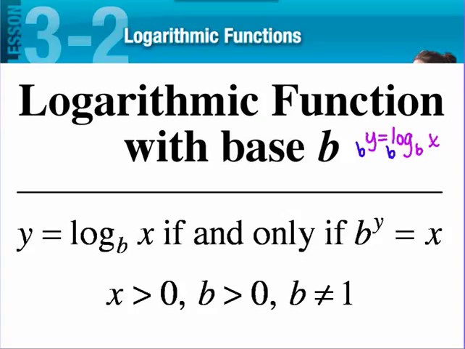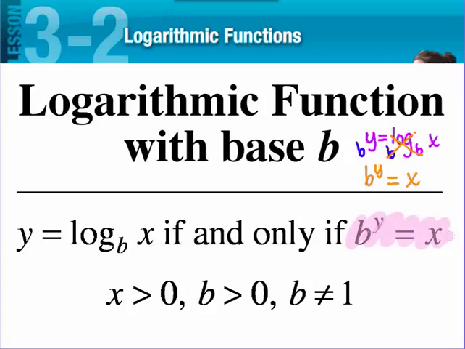Well, when we undo a log, we take whatever the base is and raise both sides to that. On the left side, you are left with b to the y. On the right side, since b and log base b are inverse operations, they cancel each other out, kind of like addition and subtraction, multiplication and division. And so I'm left with y. And if you notice, that matches up with this right here.